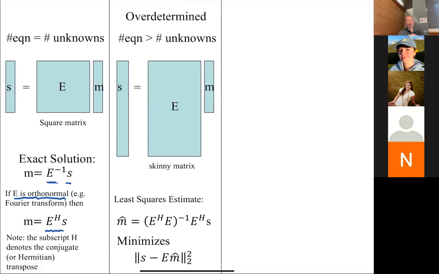Is a solution guaranteed to exist? An exact solution? Don't remember. Okay. If you ask ChatGPT, it would say no, right? So a solution is not guaranteed to exist, but we can come up with what's called the least squares estimate. What's the best solution, the solution that will minimize the error? We'll talk about that.